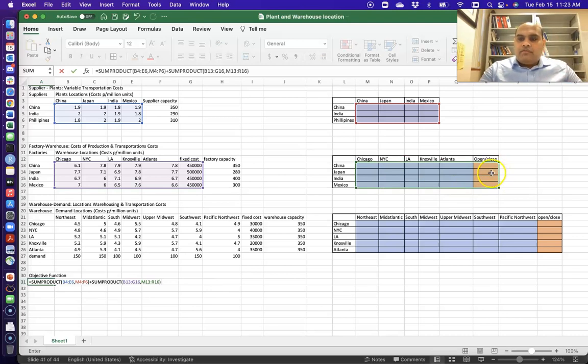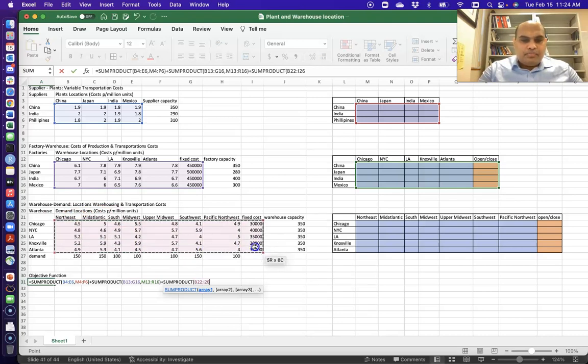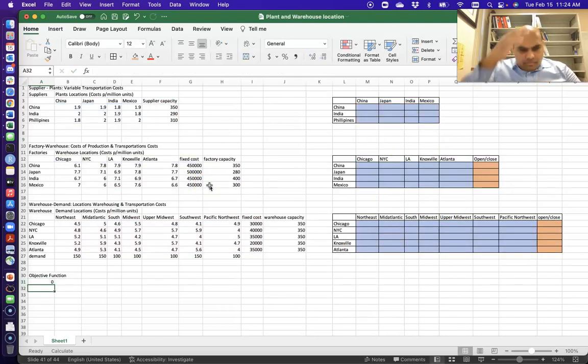So if the particular plants are open, the fixed costs are assessed, otherwise they are not assessed. That's something to keep in mind. Plus finally the sum product function for the third part of the supply chain, where we are including the variable cost and the fixed costs, comma, the corresponding x and the y variables. There you go. So 3 parts of the supply chain and 3 sets of costs. We're adding them all up, including fixed and variable costs. And that's my objective function.